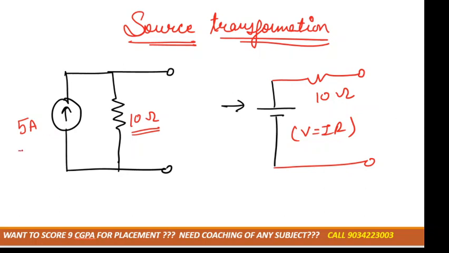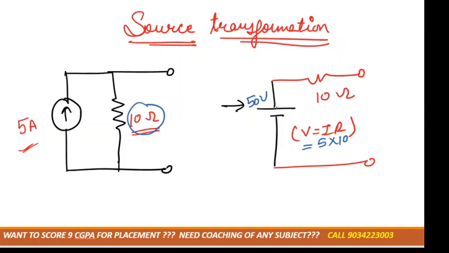So I is how much here? That is 5 ampere. And resistance is how much here? That is 10 ohm, right? So that would be 5 multiplied by 10. We'll get it as 50 volt. So this is how we can convert a current source into a voltage source.